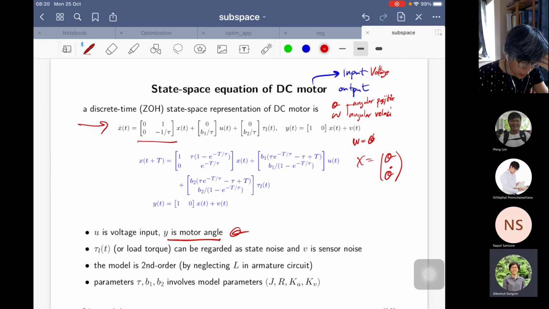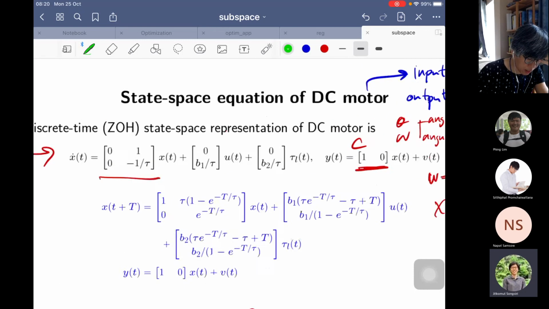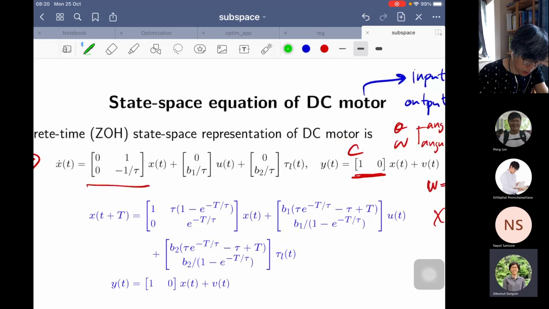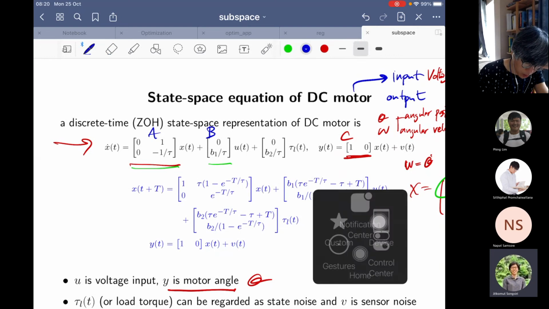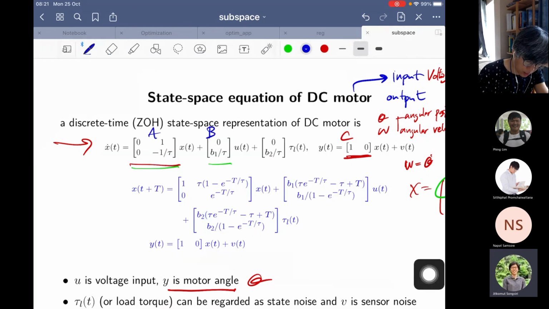And as you see, the matrix C here is [1, 0], because you define y to be the motor angle. This is the structure of matrices A, B, C, D. There is no D in here.